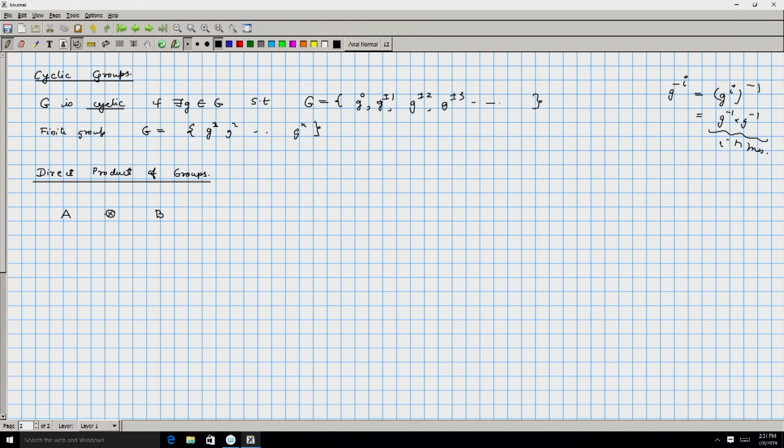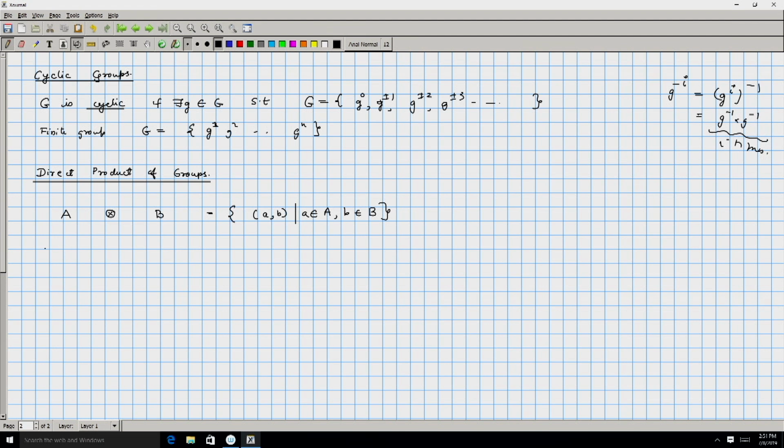We will write it as A direct product B. So, this consists of all pairs of the form (a, b) such that a belongs to A and b belongs to B. If you take this collection of elements, what operation makes them a group? We could multiply the elements coordinate wise and do the operation in the corresponding group.